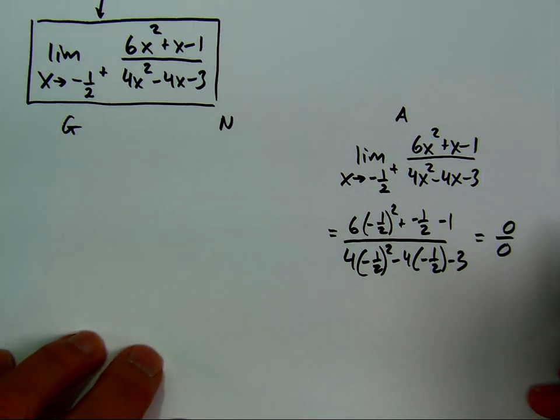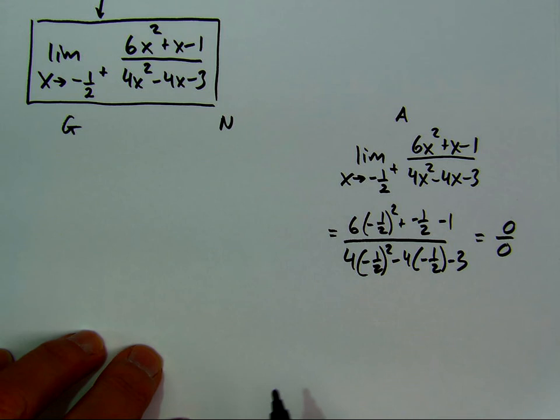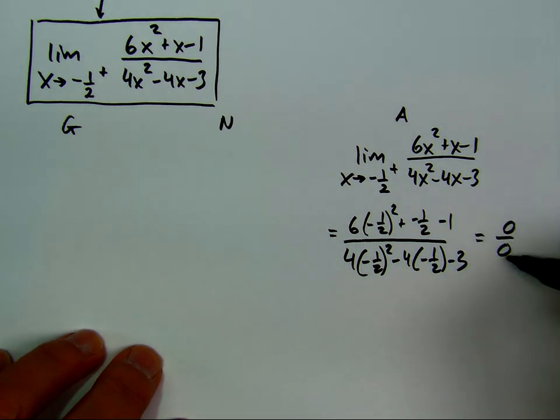So what's happening at negative 1/2? We know that this is an indeterminate form, and we're going to have just an open circle on the graph. So the limit is not going to be infinity for this.